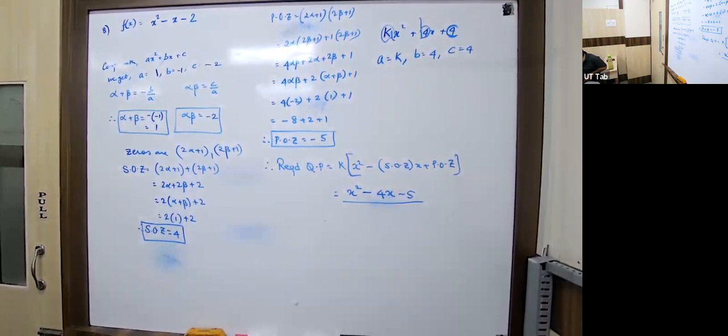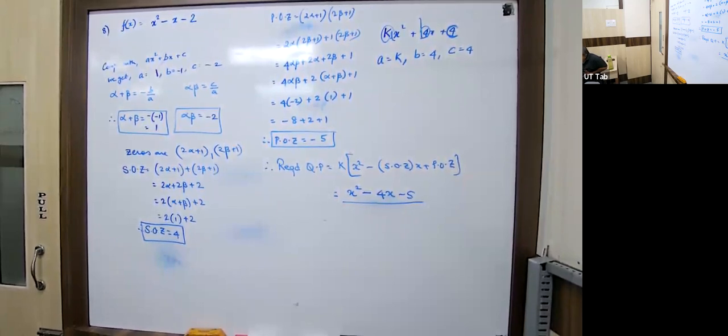Such an equation in which the highest power or the degree of every term is 1 is called a linear equation. There are different types of linear equations. Linear equation in one variable, and linear equations in 2 variables. A linear equation in one variable will be x plus 5 is equal to 0.